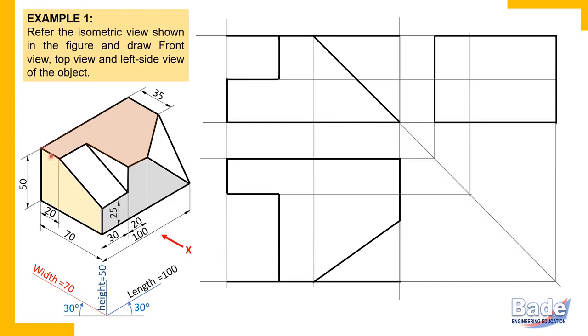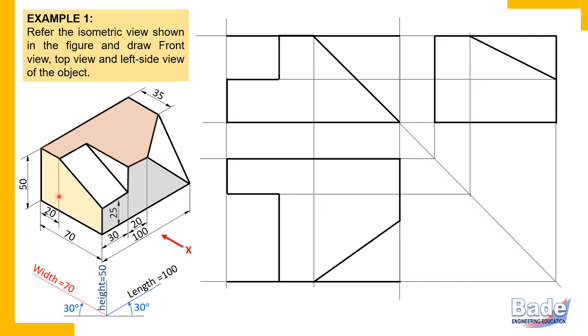So the end of this edge parallel to width, 20 millimeter, this is that edge, this end, and the end of the vertical edge which is 25 millimeter long, which actually coincides with the boundary edge. So this point and this point, simply join. So this is how the true shape of this surface appears in the side view.